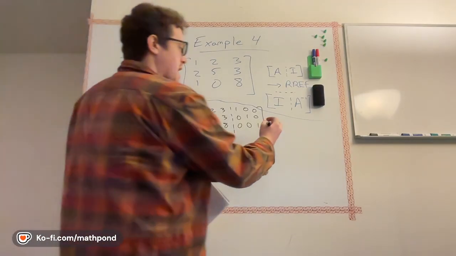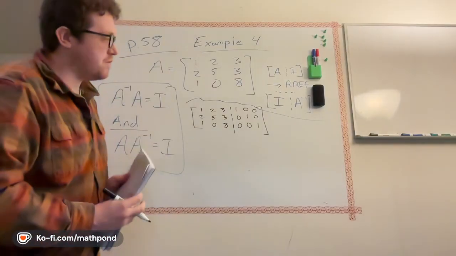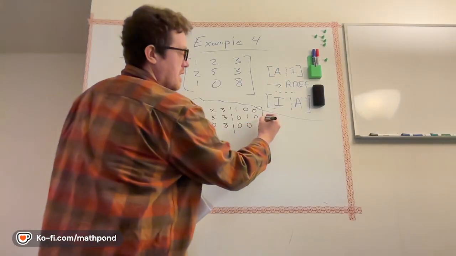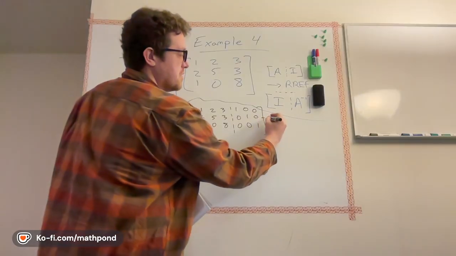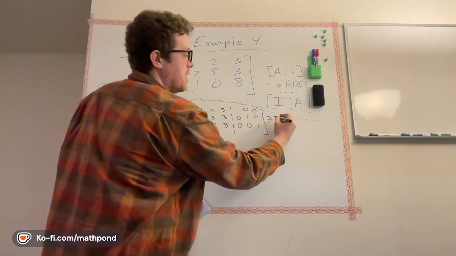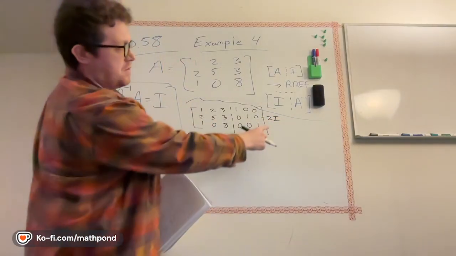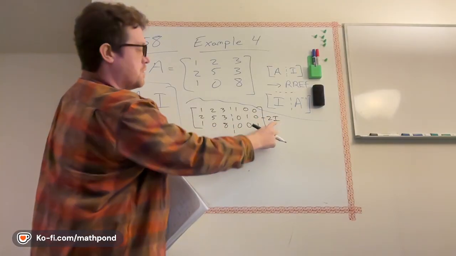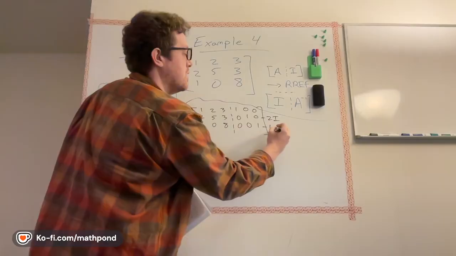My notation for subtracting a multiple of a row is, I'll write next to the row, minus 2 times, and then in Roman numerals the number of the row. So it'll be minus 2 times the first row, minus 1 times the first row.